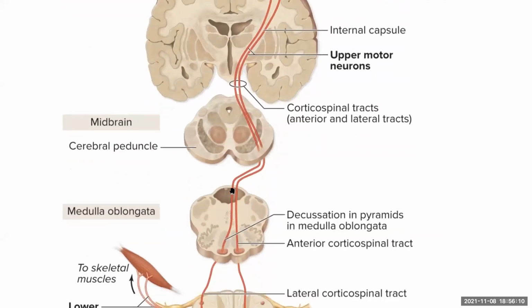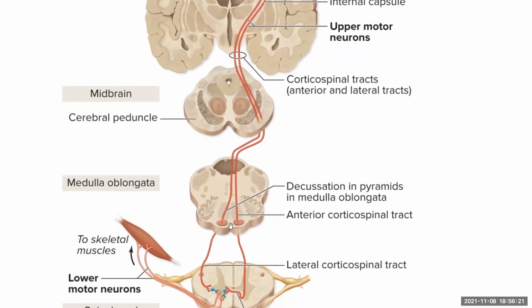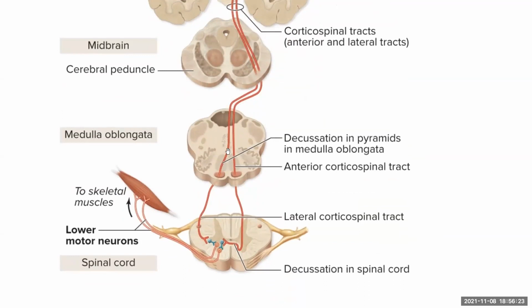And then once it gets to the medulla oblongata, these motor neurons will decussate and cross over. Once they've decussated, they'll travel down to the appropriate spinal level through the lateral corticospinal tract here in the lateral funiculus.